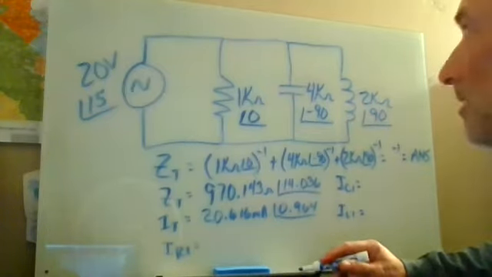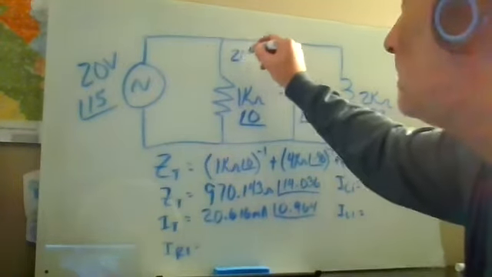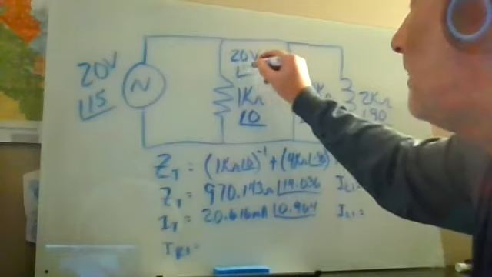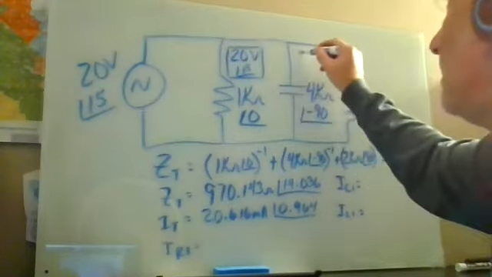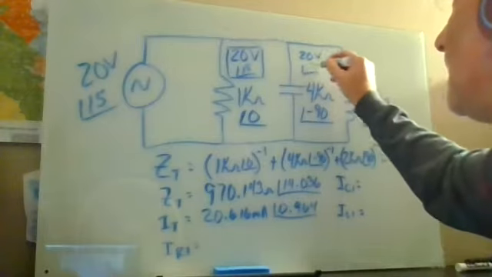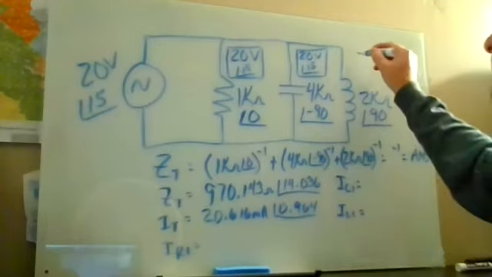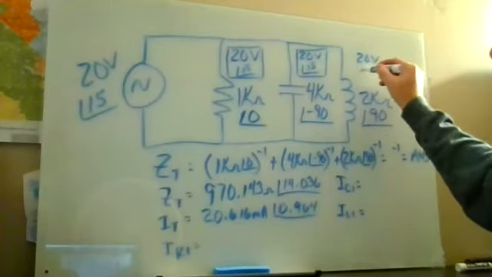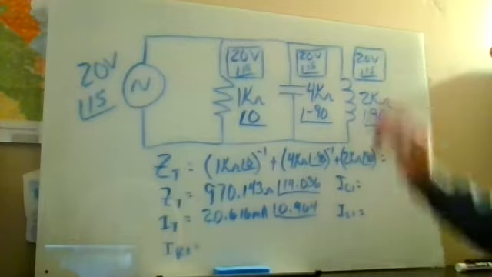What's constant? Voltage. So I know 20 volts at an angle of 15 is going to be my voltage drop across each component.